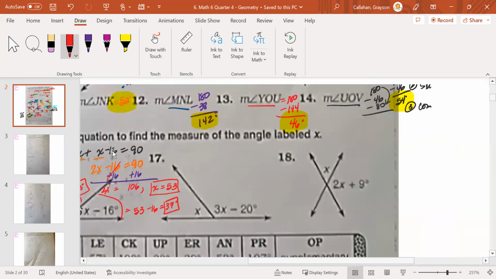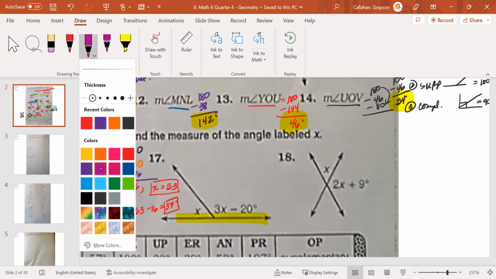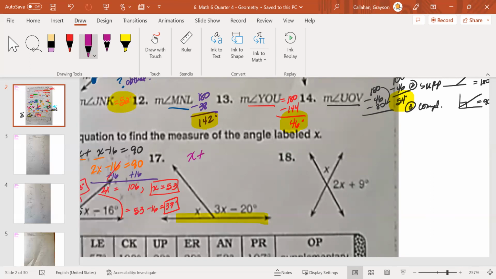17 and 18. For number 17, which of the three are you going to use? Supplementary. Good, because straight line. Supplementary is equal to what when you add them together? Good. So I'm going to do x plus 3x minus 20 equals 180.